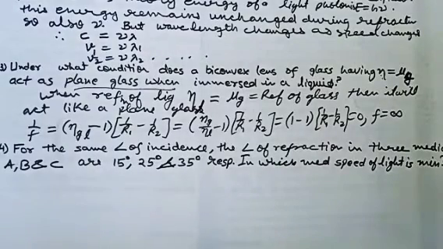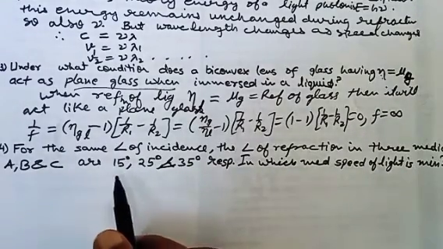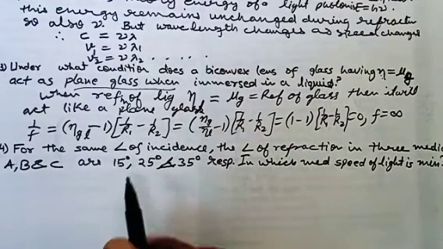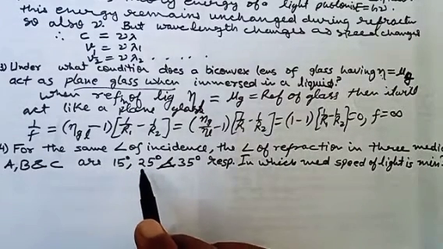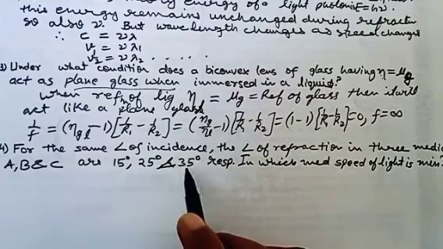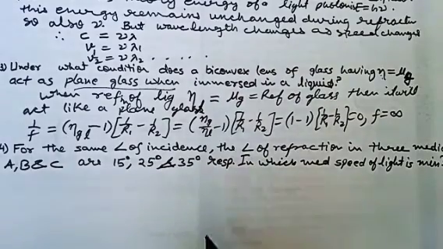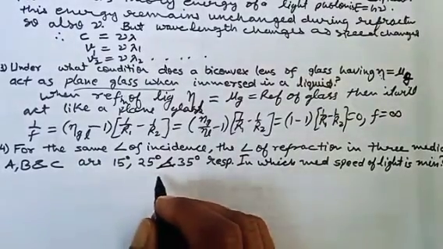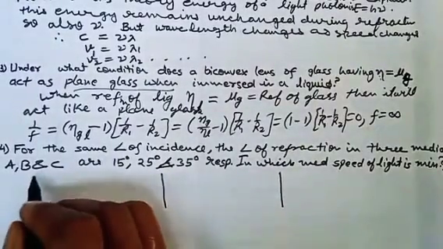For the same angle of incidence, angles of refraction in 3 media, A, B, C, are 15, 25, 35. We don't know the value of sine of any of these angles, but we know that sine 15 has the least value, 25 has greater value, 35 has the greatest value among these. So we can do it like this. This is my traditional way to do it.